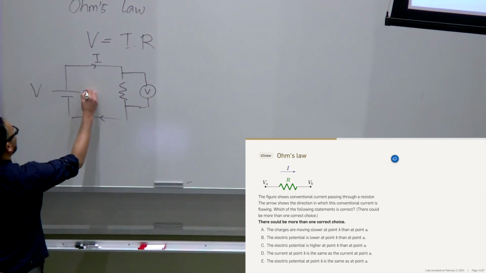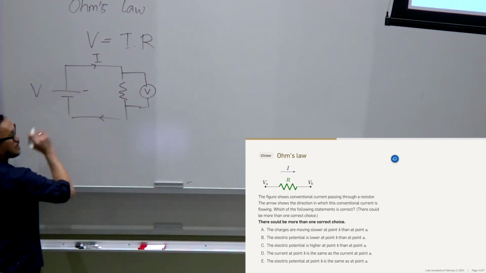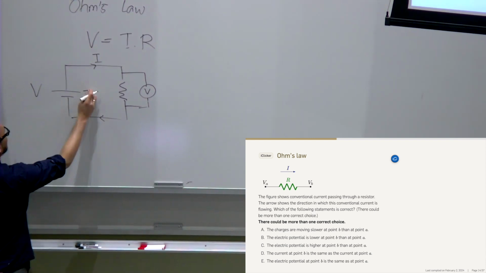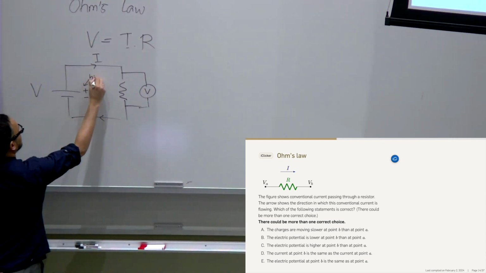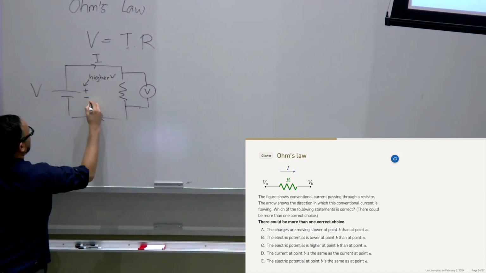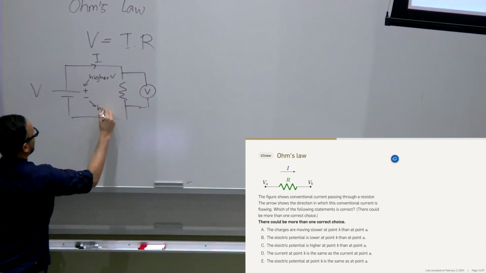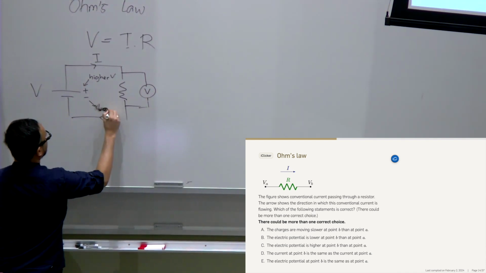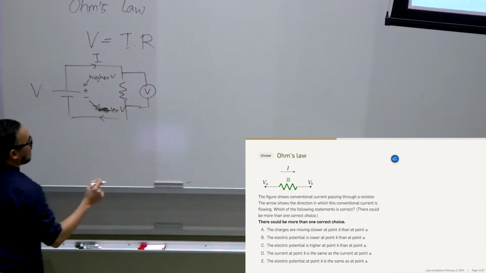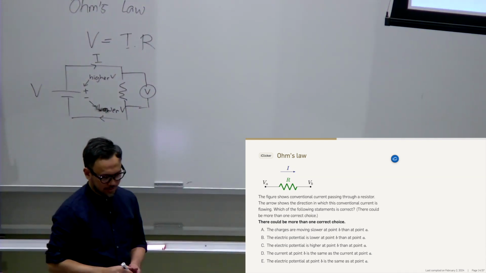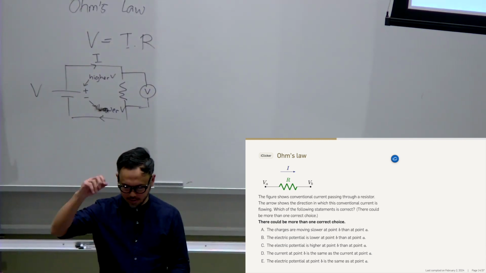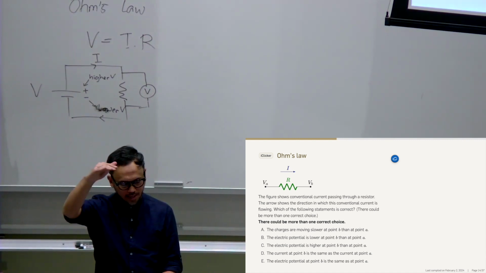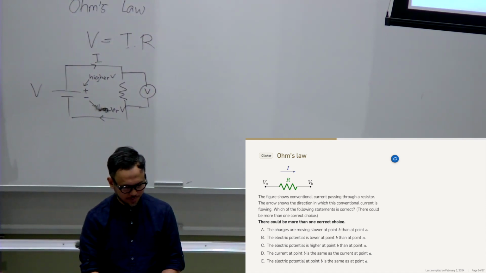So this point here is at higher voltage than the negative point. And current flows from high voltage to low voltage. Similarly, if you drop a ball, it goes from high elevation to lower elevation.